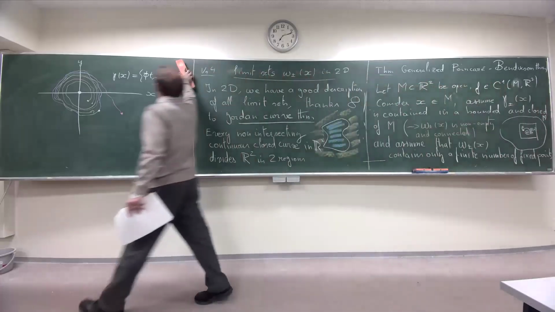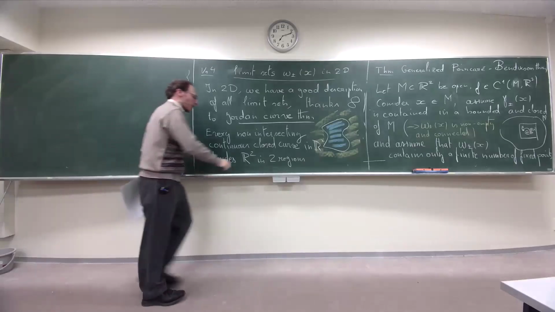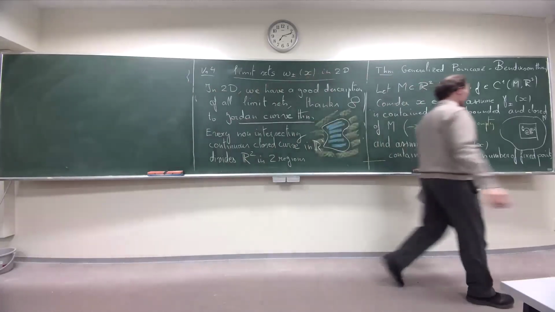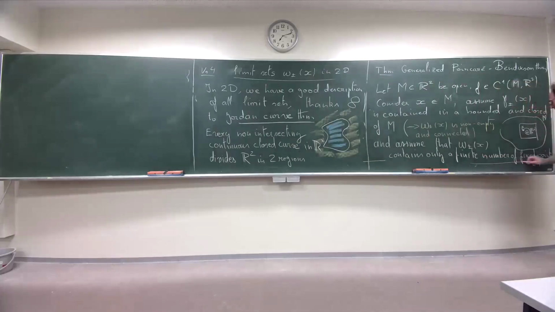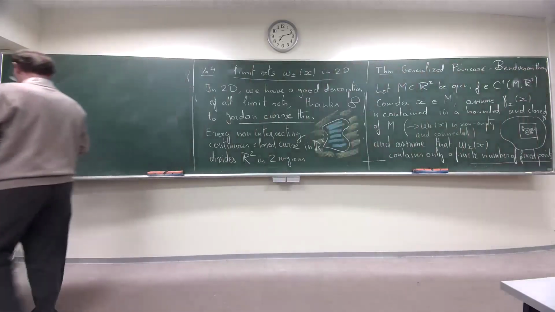So this assumption is not completely trivial. And for a third or fourth year student, you can wonder what would be a system with a limit set with an infinite number of fixed points. There are probably examples, but they are outside of this theorem. It would be nice to have a counterexample, a system with an infinite number of fixed points in the limit set. But you will see why I need this assumption.